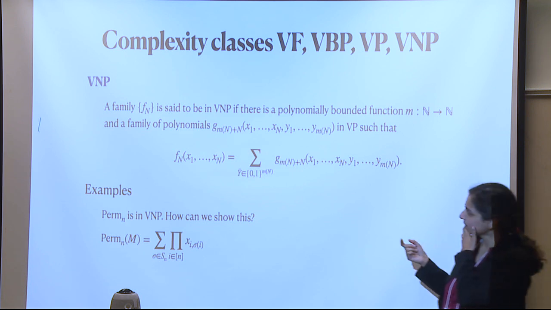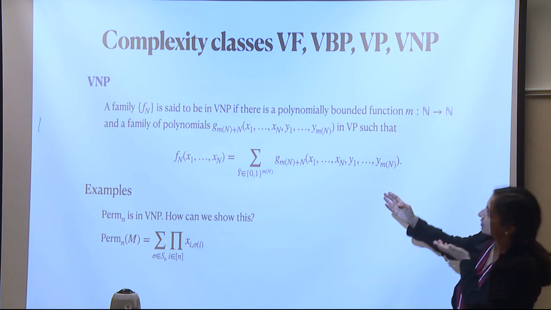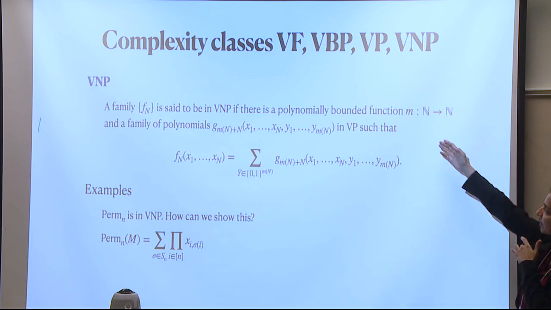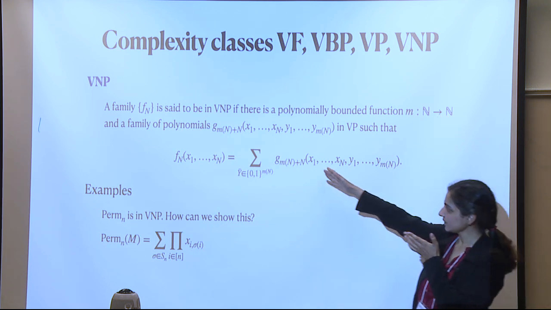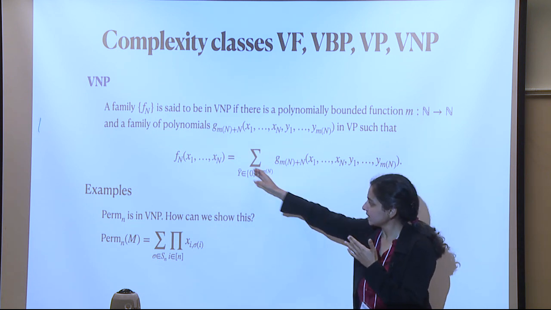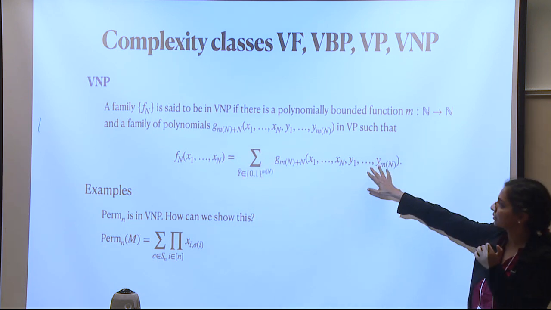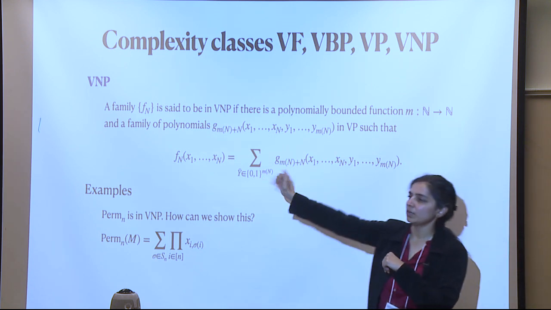So how does it work? A polynomial is said to be in VNP if there is a polynomial in VP and some polynomial function such that the original variables and, interestingly, 0, 1 assignments to these new variables added together compute the polynomial.